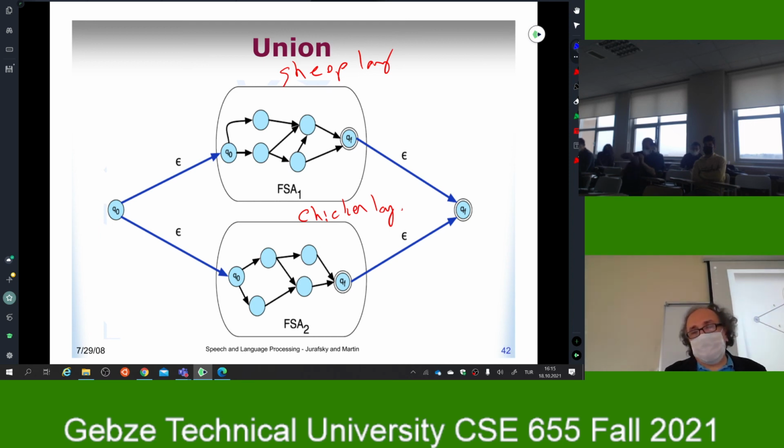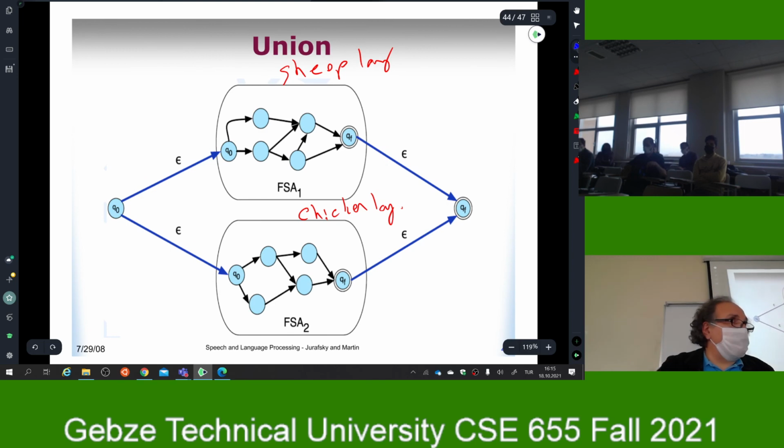But it makes it very easy for me to see and understand what I am doing here, right? So this is just a union of two languages using finite state automata. I could have come up with a deterministic finite state automata for these two languages at the same time, but it would have been much more difficult to show.